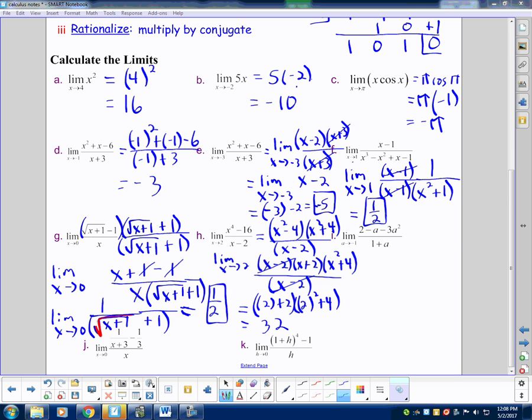Any ideas on what we could do to rewrite this next one before we factor it?